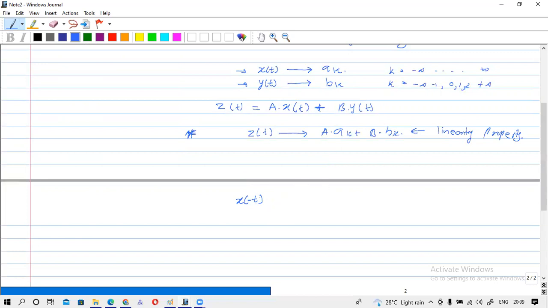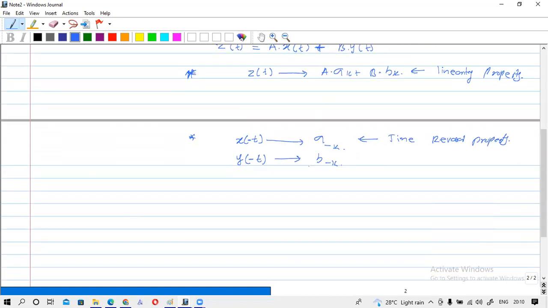If we get the time reverse signal, the Fourier coefficients of this time reverse signal will be a_{-k}. In the same way, for y(-t), the time reverse signal of y(t), the Fourier series coefficients will be b_{-k}. This is the time reversal property.